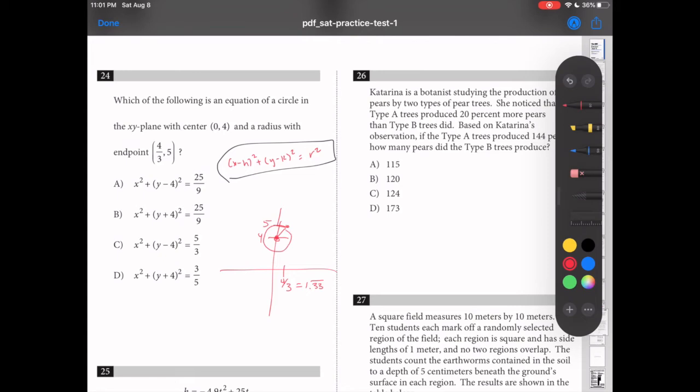The center of the circle is H, K, so that's going to be 0, 4. That makes B and D now good over here because it's negative K and negative H inside of the equation. And then remember, this is an R squared over here. So if you take the R squared, the radius is actually going to be 5/3, and you have to square it for R squared to get 25/9 over there.